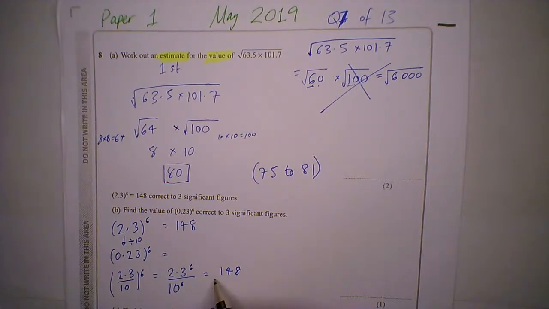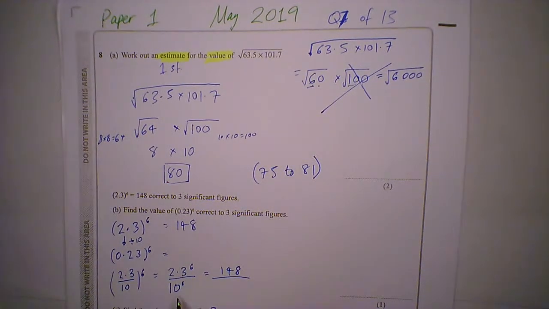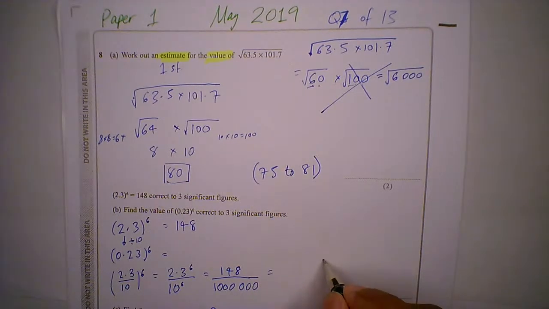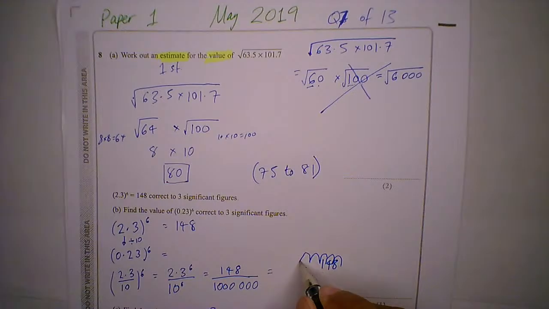148 divided by 10 to the power 6, and 10 to the power 6 is just 1 with 6 zeros. 1, 2, 3, 4, 5, 6. And so now I can just write this out as 148 divided by 1,000,000. So my place value is 1, 2, 3, 4, 5, 6. Put my decimal point there.